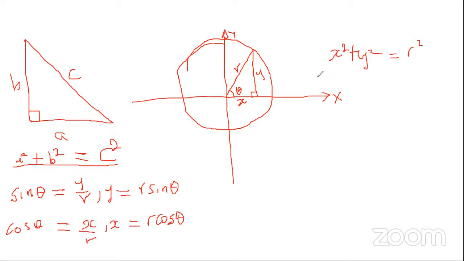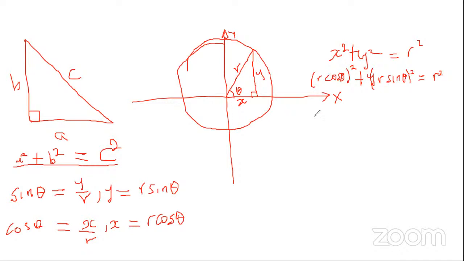And then we shall now substitute the values of y and x in this formula here. It will give us (r cos theta) squared plus (r sine theta) squared, which gives us r squared.